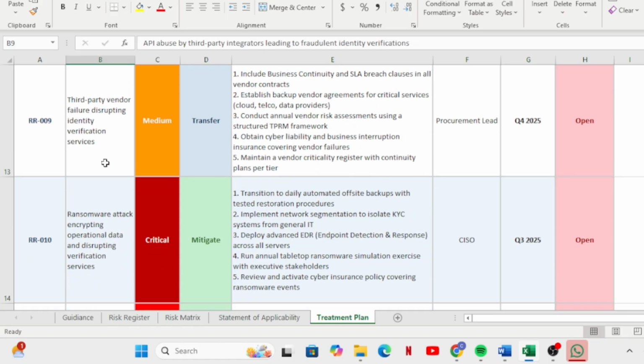Like this third-party vendor failure, disrupting identity verification services. See that it's on transfer. You have to transfer it to different people, not us. It includes business continuity and SLA breach clauses in all vendor contracts.